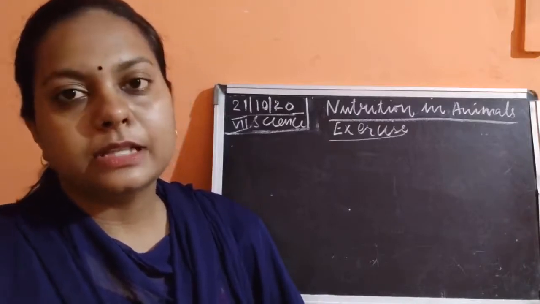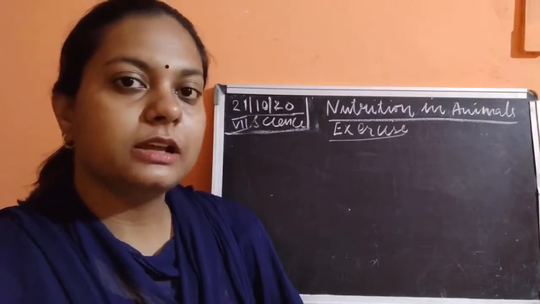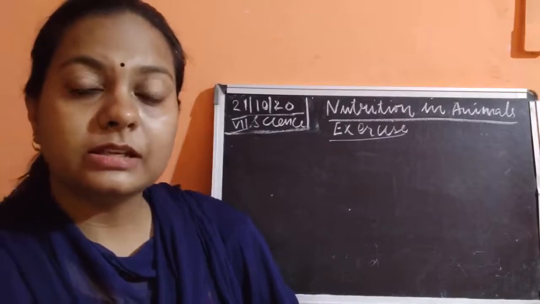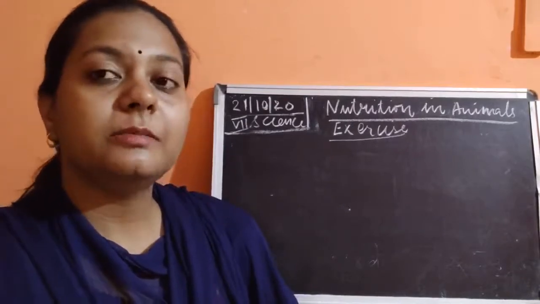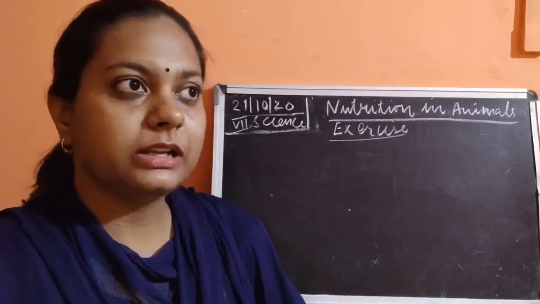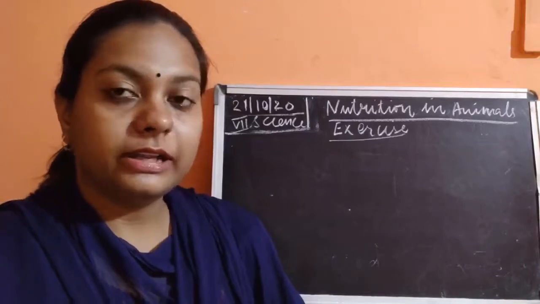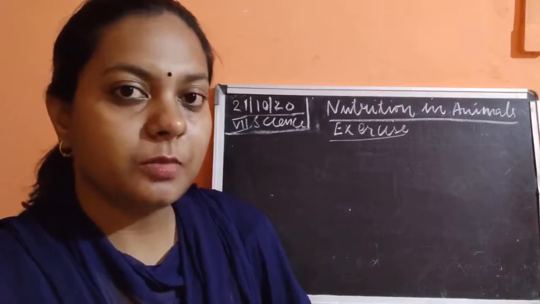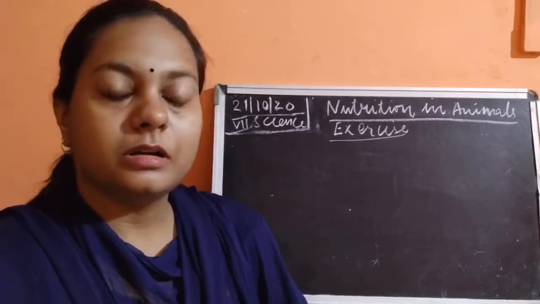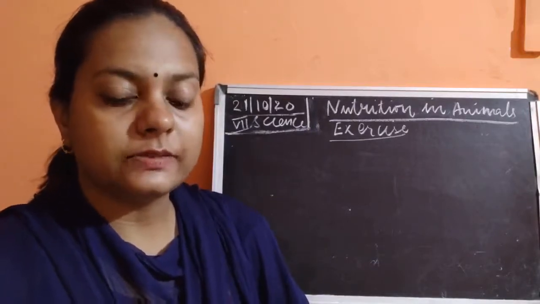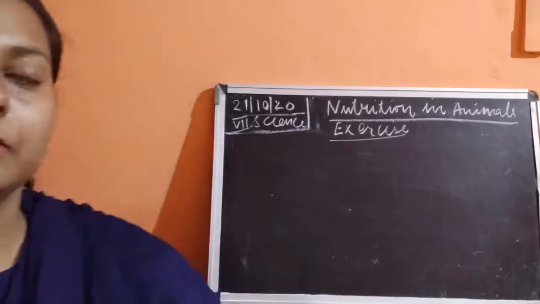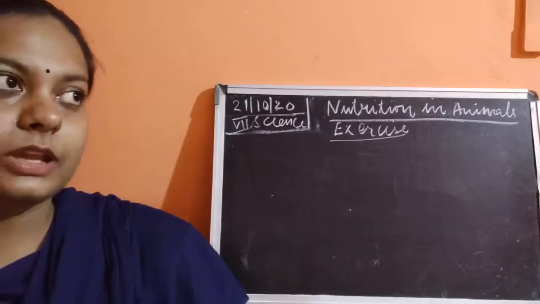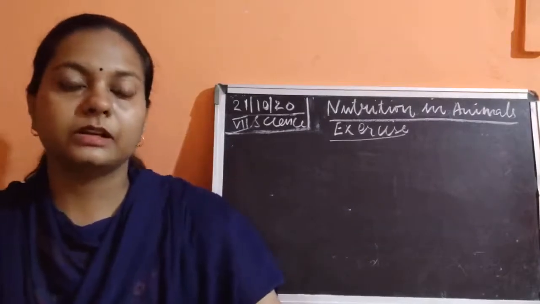Why does this help in the absorption of food? Because villi are surrounded by blood vessels, which can directly transfer the digested food, in the form of amino acids, fatty acids and glycerol, and simple sugars or glucose, into the blood.